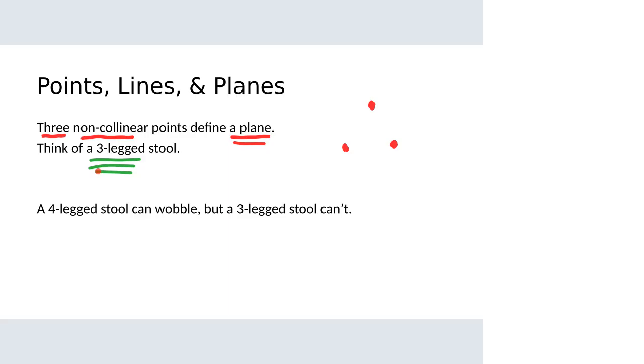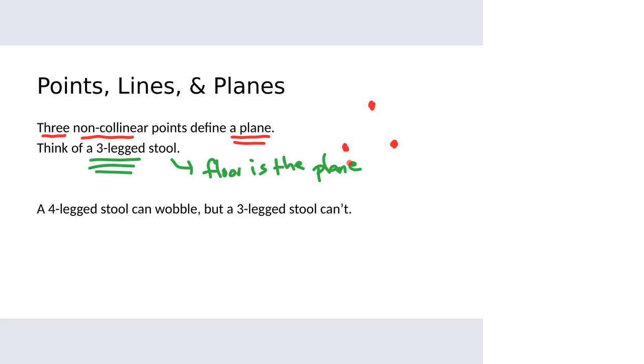But once you have that third leg and you need all 3 points to touch, it's going to touch the floor, and that floor is the plane that the three-legged stool defines. Those are 3 non-collinear points. The three-legged stool touches the floor in a way that defines a plane.